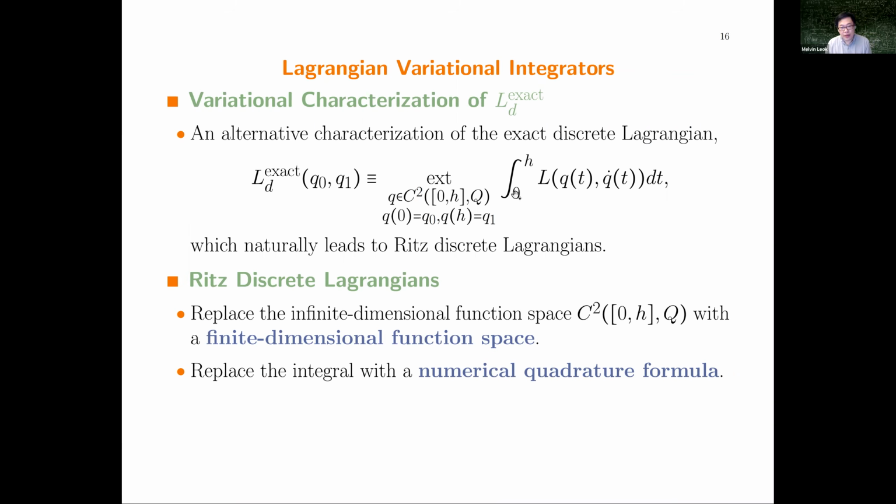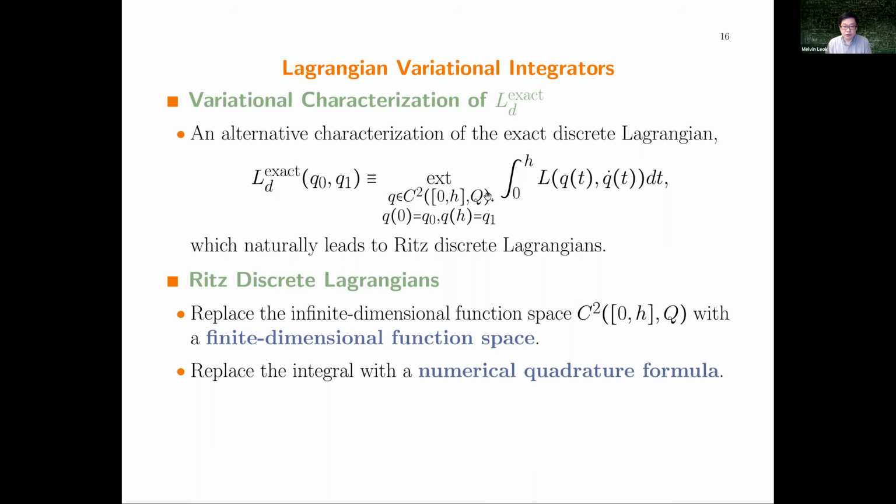All right, so let me get back to what I alluded to earlier, which is that you can use this characterization of the exact discrete Lagrangian to construct discretizations. There's a nice variational characterization of the exact discrete Lagrangian, which is to say that you look at the action integral over classes of curves which are twice differentiable and which satisfy the boundary conditions, and you extremize over this class, and that's the exact discrete Lagrangian.